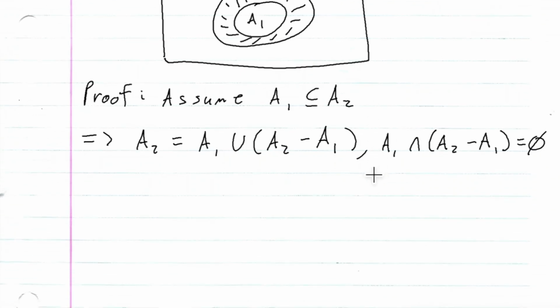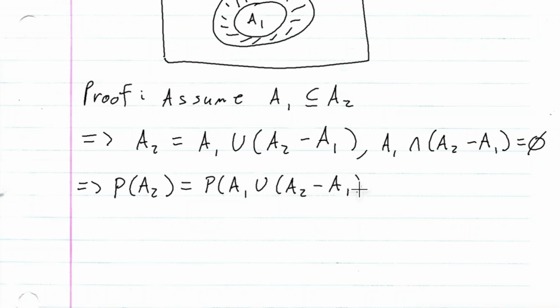So I can actually use one of the axioms. But first, since A sub 2 is equal to this, the probability of A sub 2 is equal to the probability of A sub 1 union A sub 2 minus A sub 1.